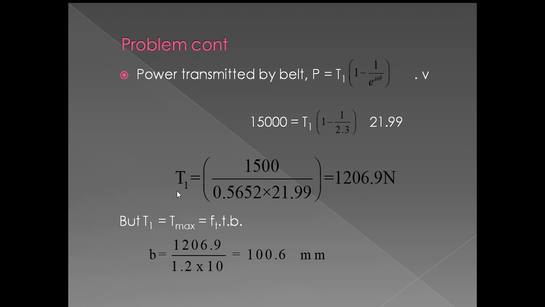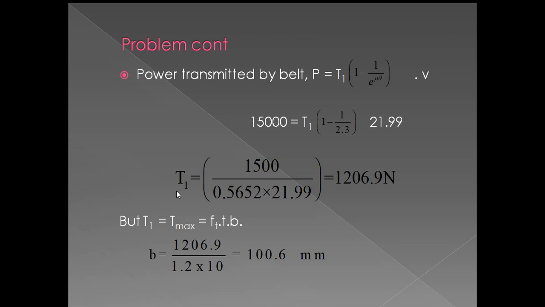T1 is nothing but the tension on tight side. That is nothing but maximum tension. So maximum tension will be on the tight side, and that's why T1 is equal to Tmax. So T1 equal to Tmax equal to design stress Ft into area of the belt.